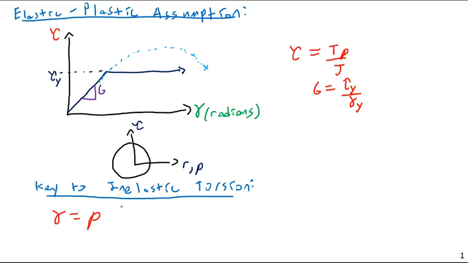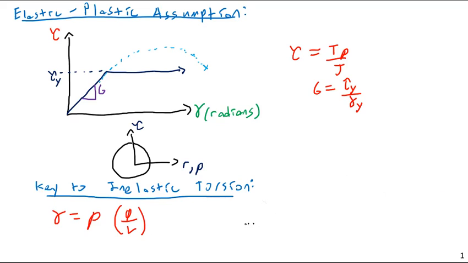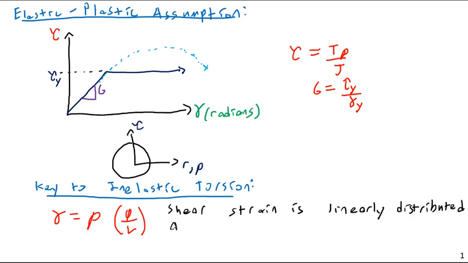Gamma equals rho times phi over L. In other words, shear strain is linearly distributed about the cross-section.